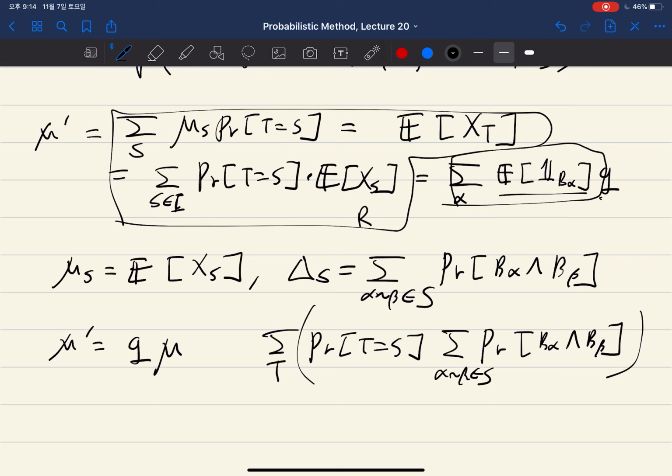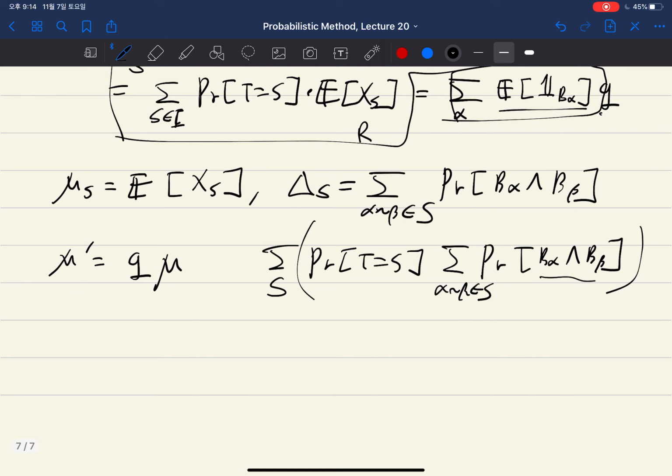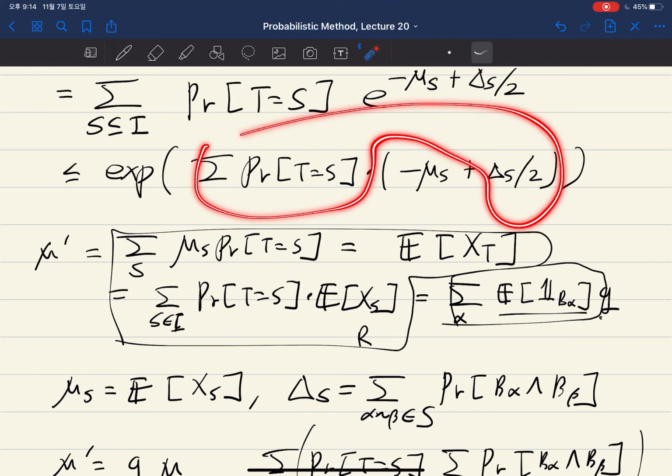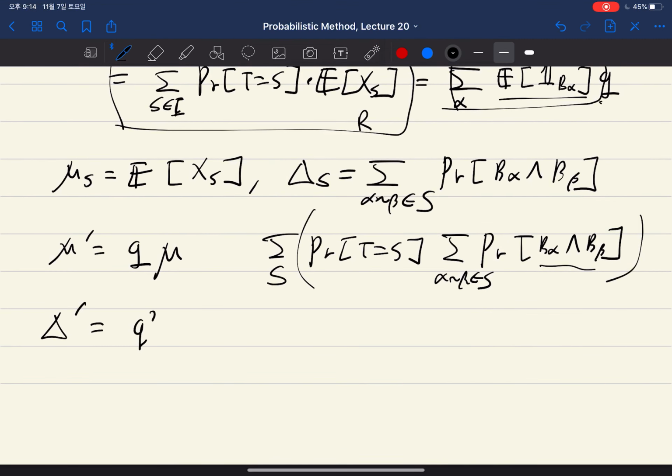Here you choose T first, and then you reveal which bad events happen. But you swap the order: you reveal which bad events happen first, and then choose which are included in T. Then let's say this delta prime is q squared delta, because once the bad events happen, they only contribute if both of them belong to T, which happens with probability q squared.